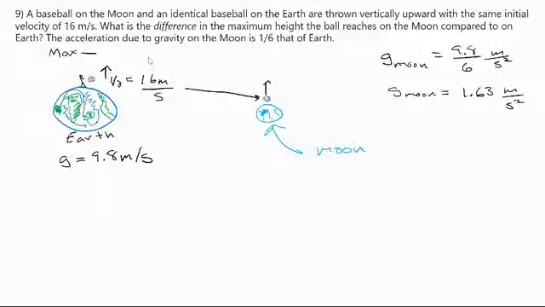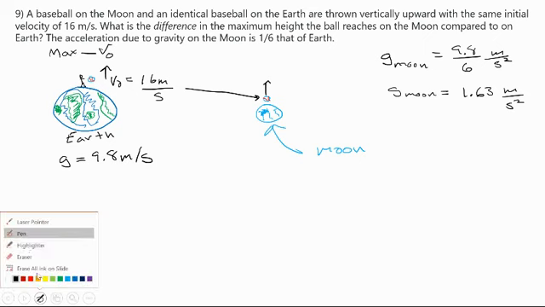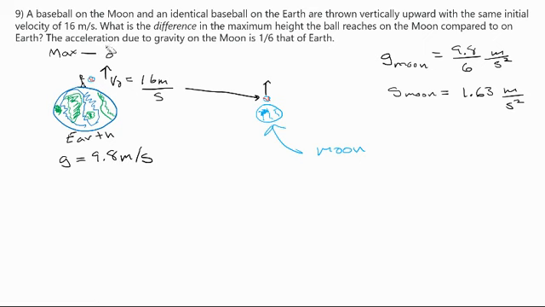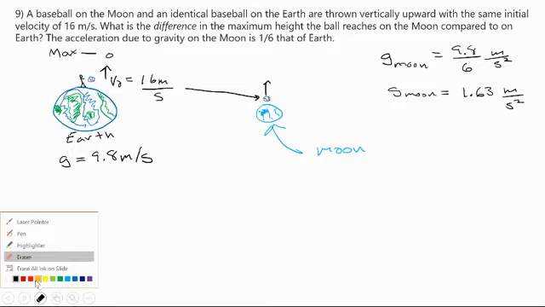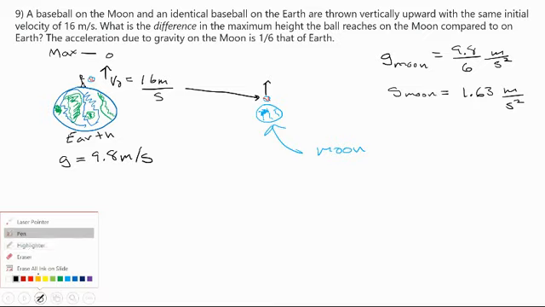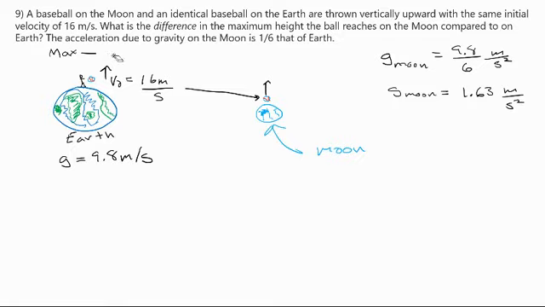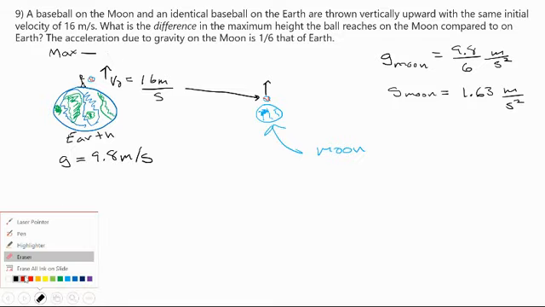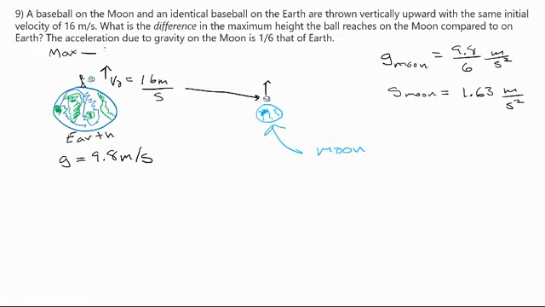So over here, my final velocity on Earth would be 0. So my final velocity, and it's not V naught, my final velocity would be 0 meters per second.